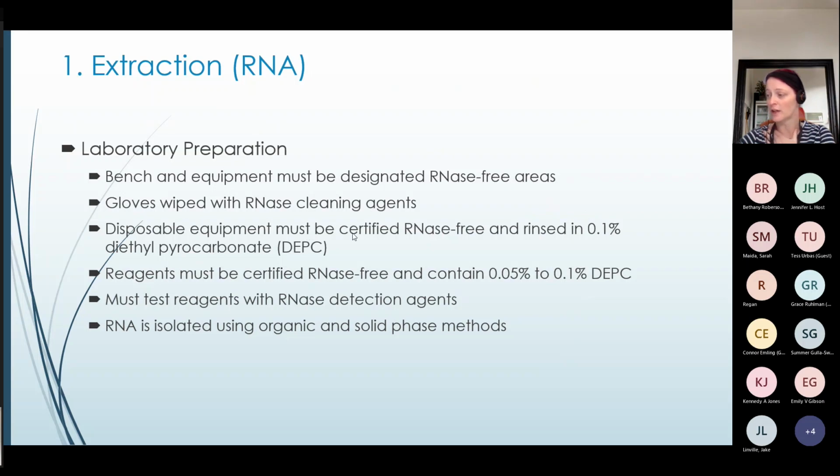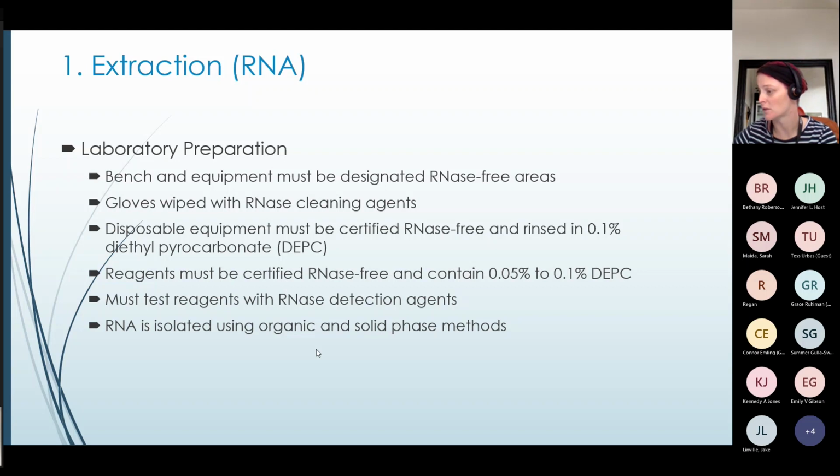Disposable equipment must be certified RNase-free and rinsed with 0.1% diethyl pyrocarbonate, or DEPC. Because RNases are ubiquitous, you need to ensure that all of your supplies are DNase and RNase free. So we order just DNase RNase free supplies for everything that we do. Even though we don't particularly extract RNA except for COVID, everything else is DNA, we still have everything in an RNase free environment.